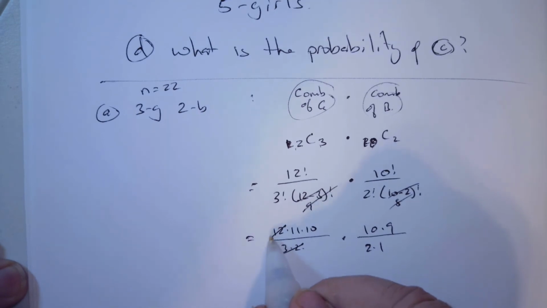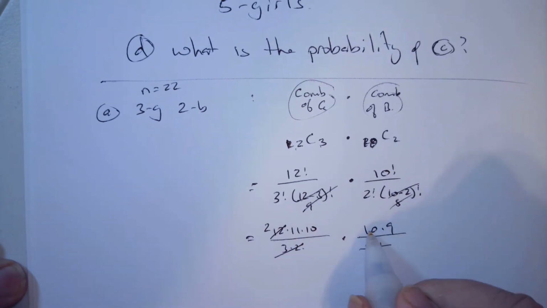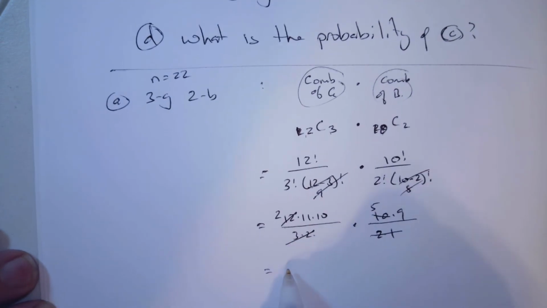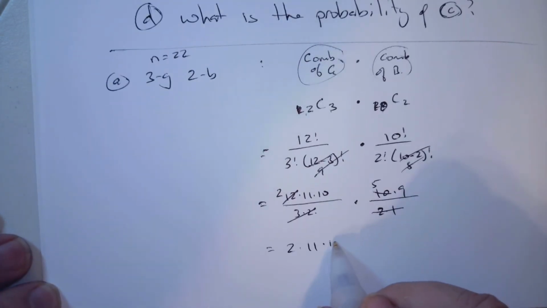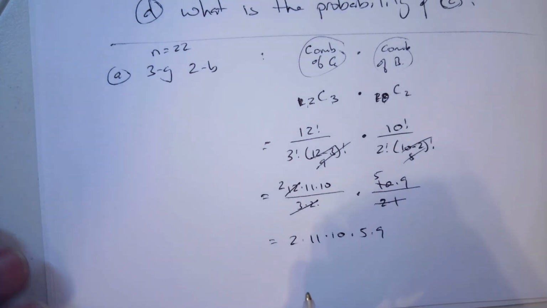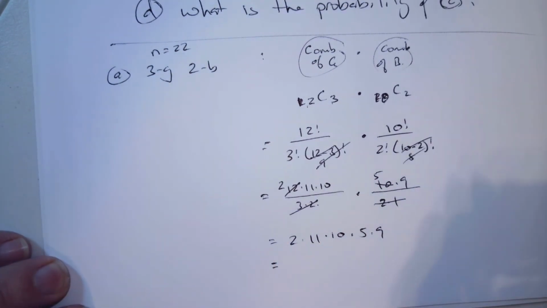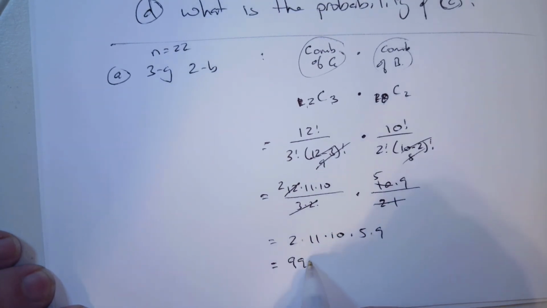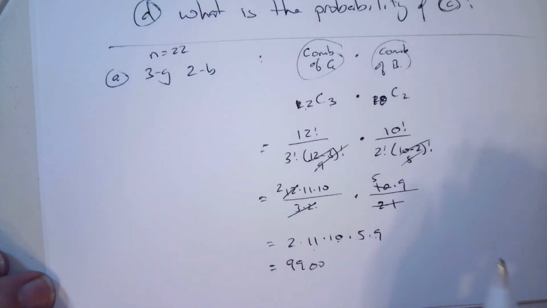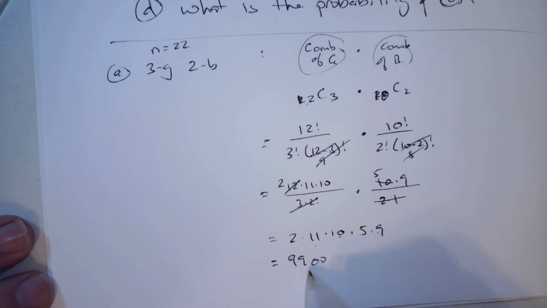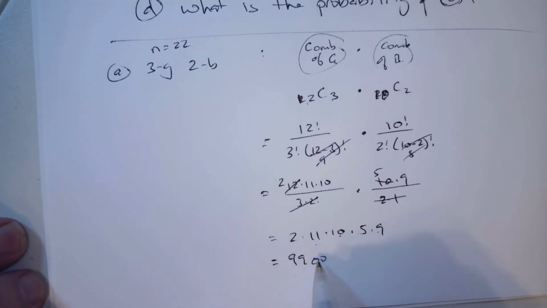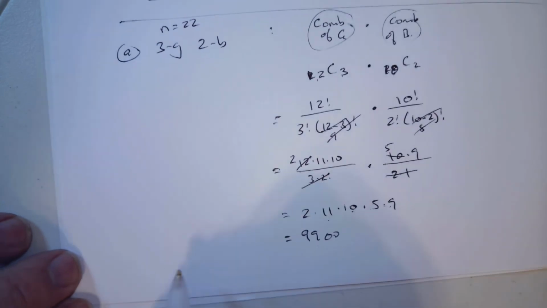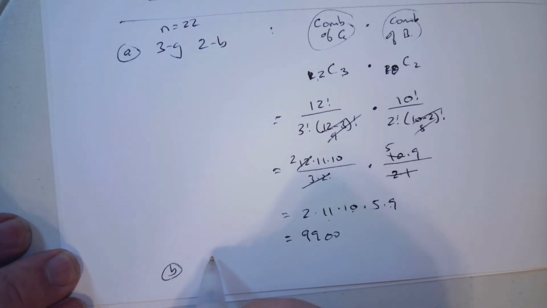Three times 2 is 6. That goes into 12 twice. 2 goes into 10 5 times. 2 times 11 times 10 times 5 times 9. 99 times 10 times 10 is 9,900. So it could happen 9,900 times.